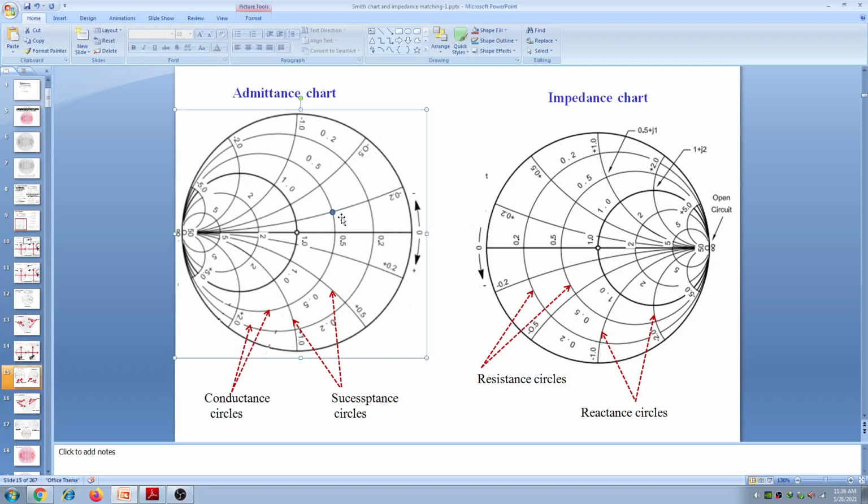Y is equal to 0.5. The conductance value is 0.5 because the conductance circle is passing through this point.